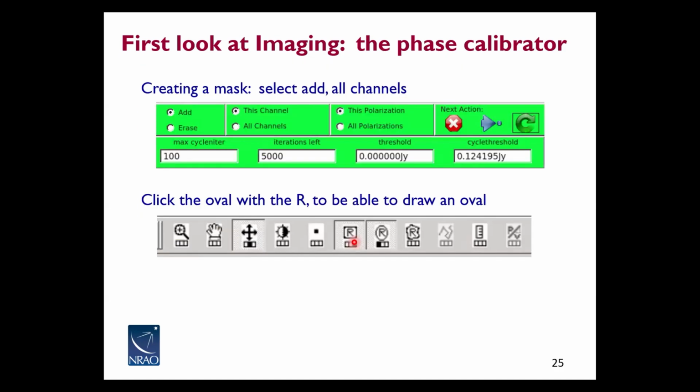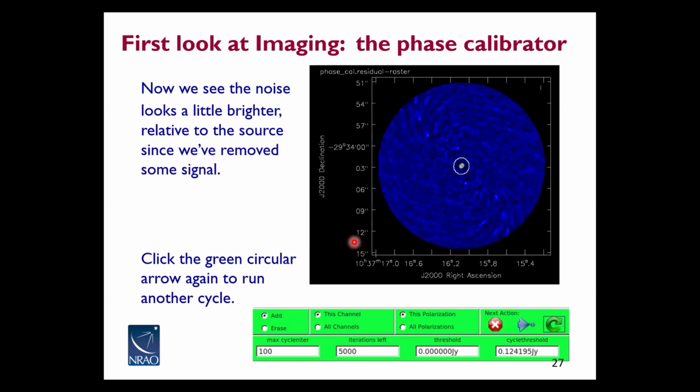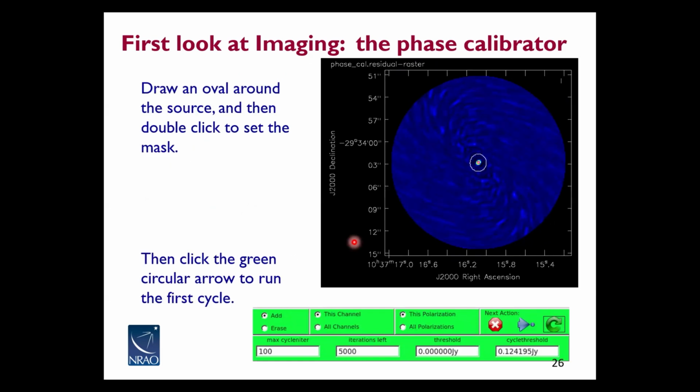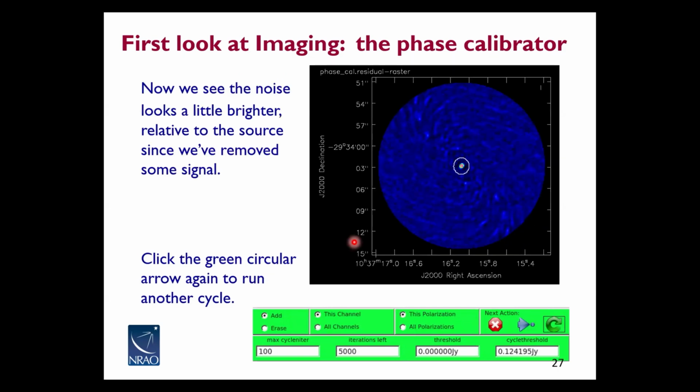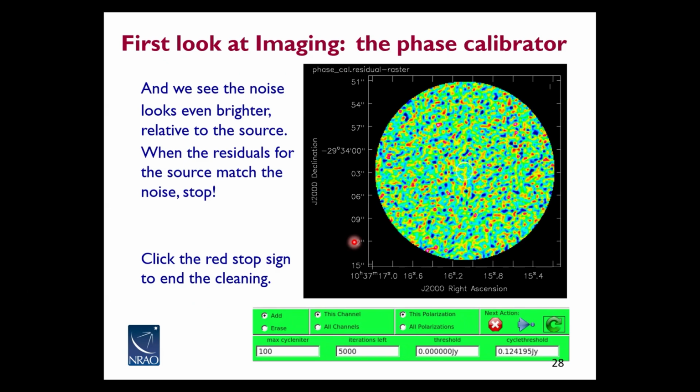So this is just a procedure of what I did, setting a mask. First you can see the noise does look a little brighter after we did the first cleaning, and then it looks much brighter after the second cleaning.